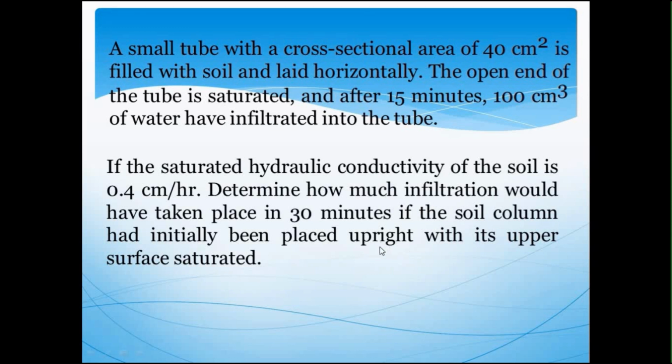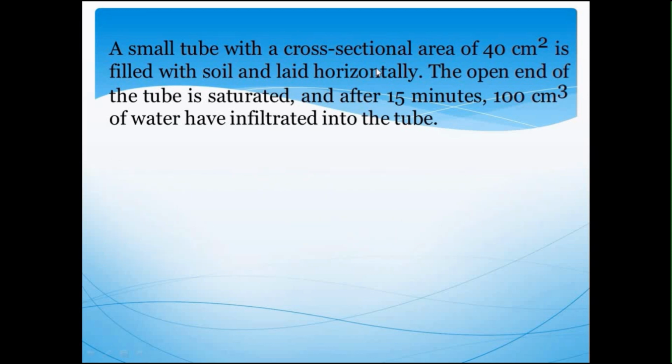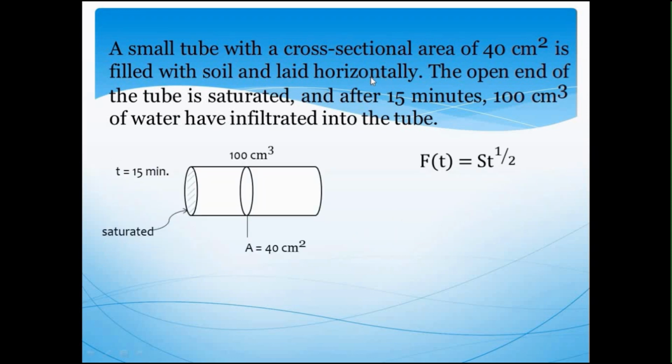Before we solve for the cumulative infiltration in a vertical soil column, we must first find the sorptivity, because the given are just the hydraulic conductivity and time. For that, we'll use the Phillips equation in a horizontal soil column. Cumulative infiltration equals S times t raised to 1/2.